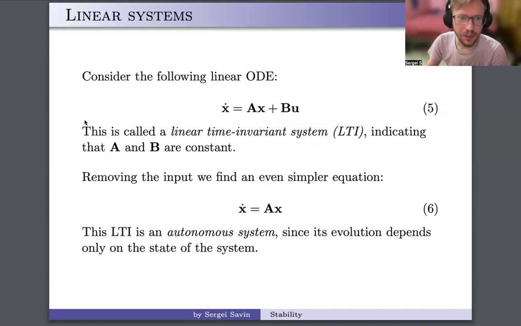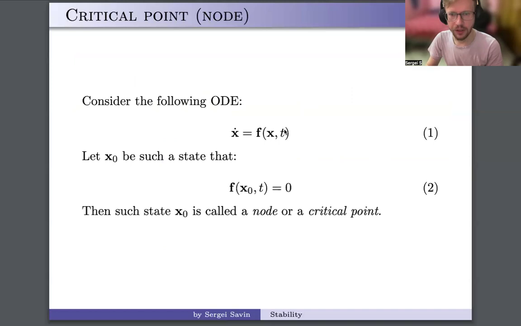We call the system linear time invariant. That is just a useful thing to know. Why do we call it this way? Well, because A and B are constant, so they don't change with time. You remember in our definition earlier there was this t.